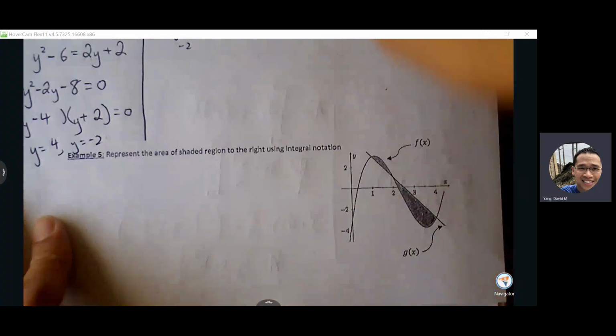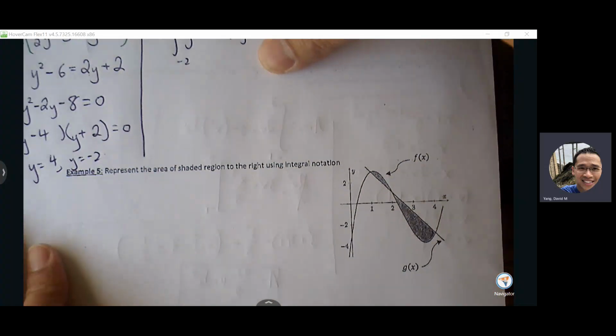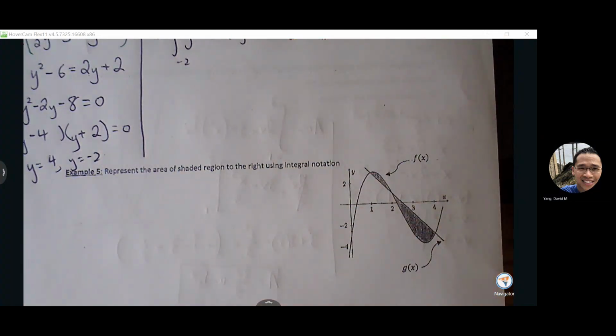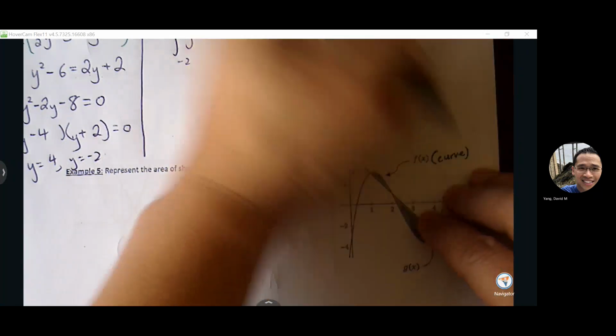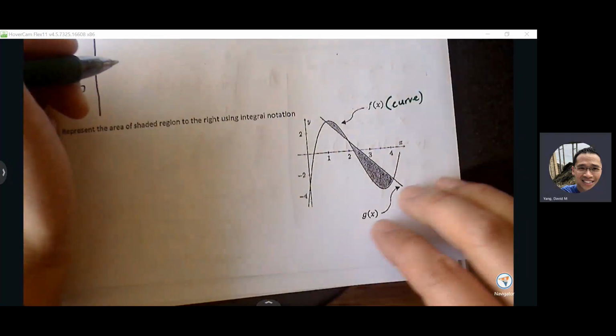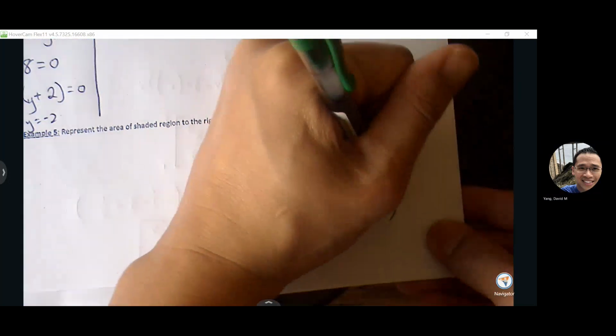Okay, now look at the example 5 here. So there's two graphs here. You got f of x, which is the curve. Okay, and then you have g of x, which is the linear.